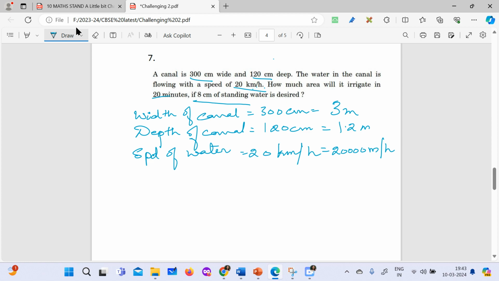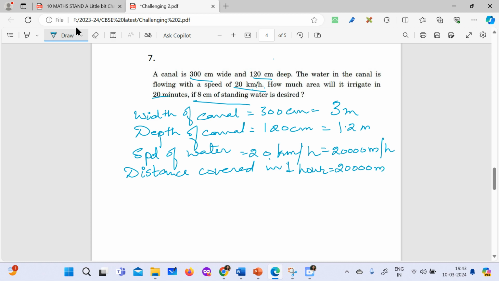Very clearly, distance covered by water in 1 hour is 20,000 meter, because the speed is 20 kilometer per hour.